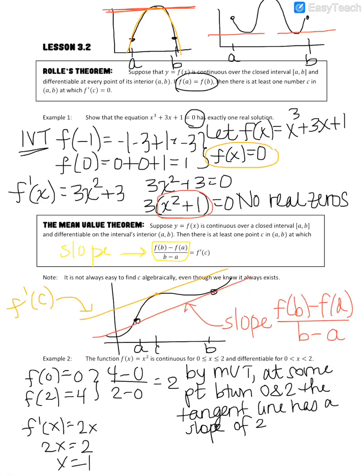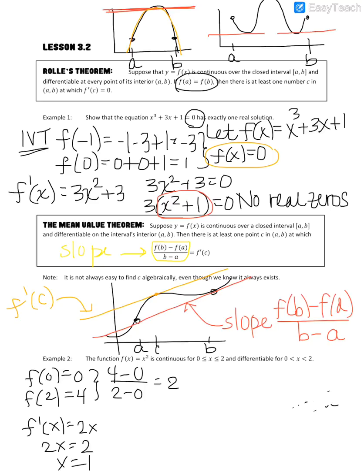Okay, I'm going to graph that just to show you. This is an easy one because we know this graph so well. So we have (0, 0) and (2, 4). It looks like this.